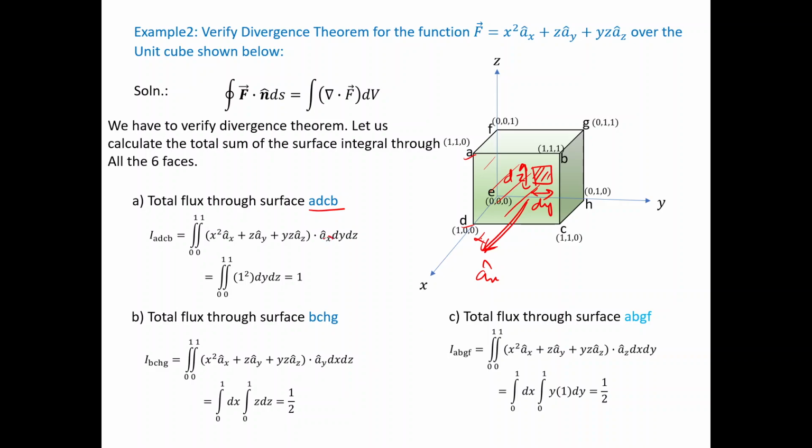If this is x, then this is y, this is z. Simply taking the dot product, ax with x, you will get the value of 1, because over this face the value of x is 1, and the dot product of ay with ax and az with ax will be 0.